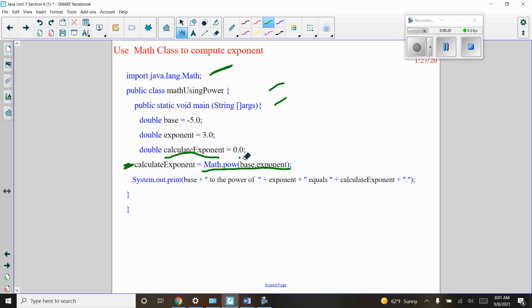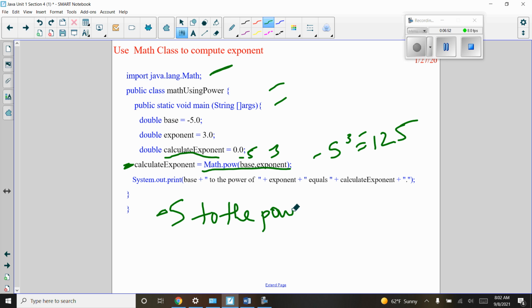Now remember, our base was -5 and our exponent was 3. So when we calculate that, which we just did on the last page, that's going to be -125. So what this would print out is the base, that's not in parentheses, so that's going to be the variable. So -5, and then "to the power of" is in quotation, so that's going to print out exactly like that, then the exponent.